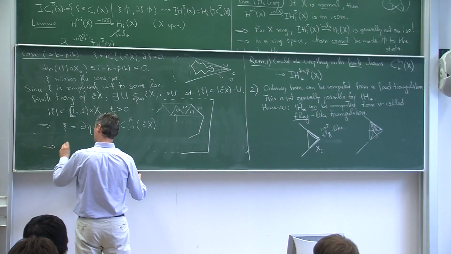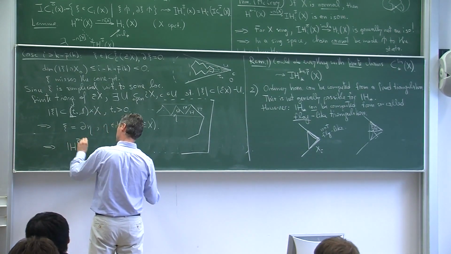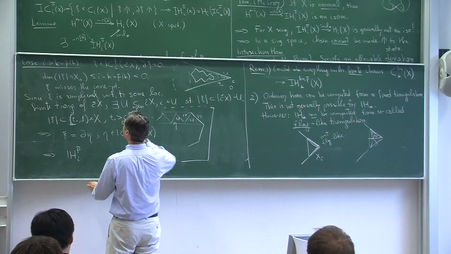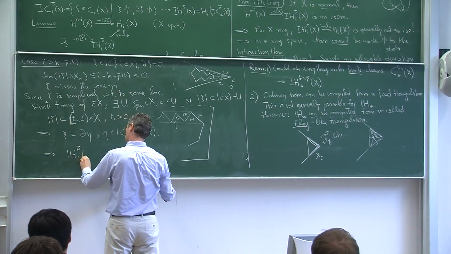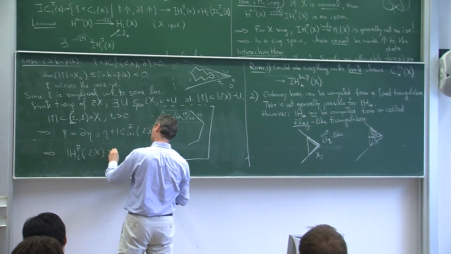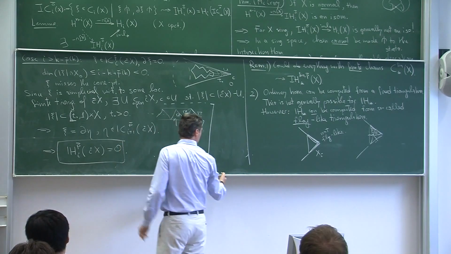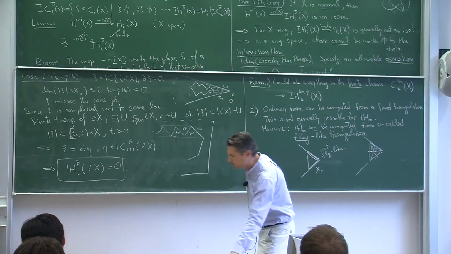So we conclude the intersection homology, perversity P, for such i vanishes. So let us consider the other case then.